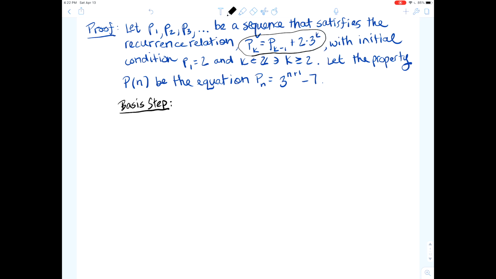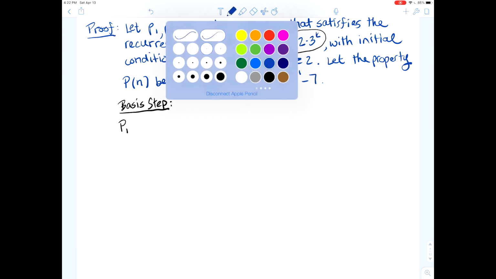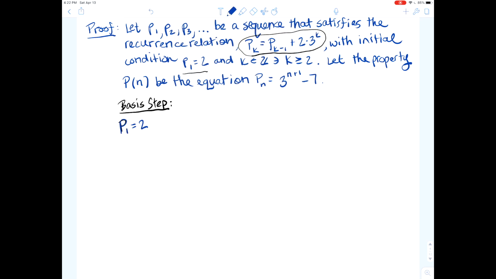So we know that's true. But what was P sub 1? Equal to 2, right? All right, well now let's use our other one. P sub 1 is equal to 3 raised to the 1 plus 1 minus 7, which is 3 squared minus 7, which is 2. So that checks out. They are equal. Good so far?